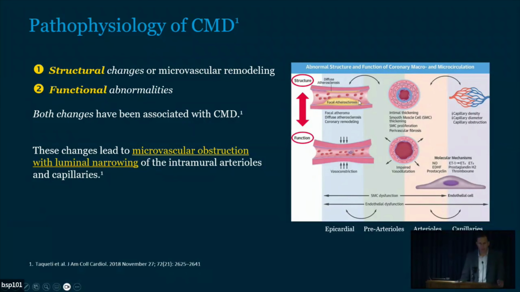So structurally, the microvasculature can change, but then also you can have functional abnormalities as well. If the endothelial cells are disrupted for whatever reason, either inherently or due to buildup of plaque or remodeling, you can get spasm of the small blood vessels, and that can result in development of ischemia, chest pain, and even presentation of an MI.